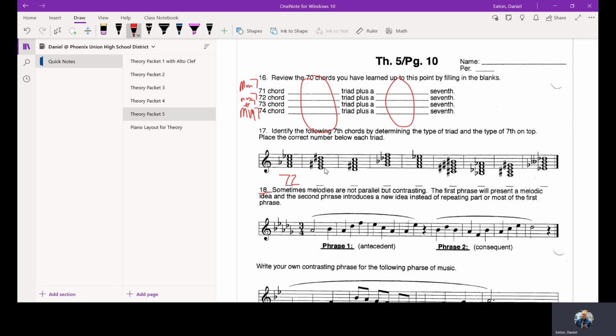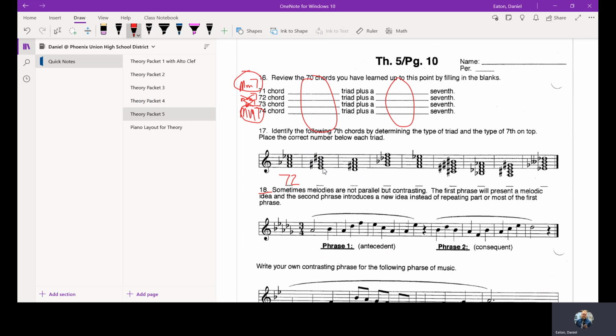Hopefully you saw how I did that. I'm just starting from the root and working my way up to eliminate possibilities. All right, E to G sharp, that is a major 3rd. So that automatically rules out minor 7th and half diminished 7th. It's going to be one of these 2. I don't know which one yet because I haven't checked the 5th or the 7th. I don't really need to check the 5th because for both of these options, the 5th is going to be perfect.